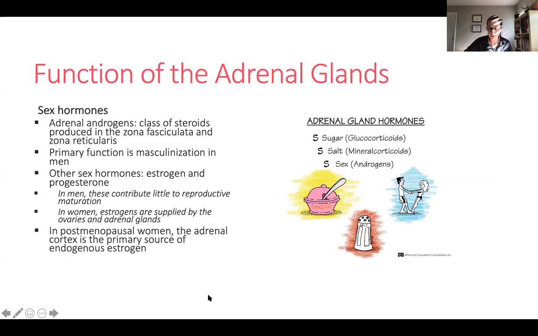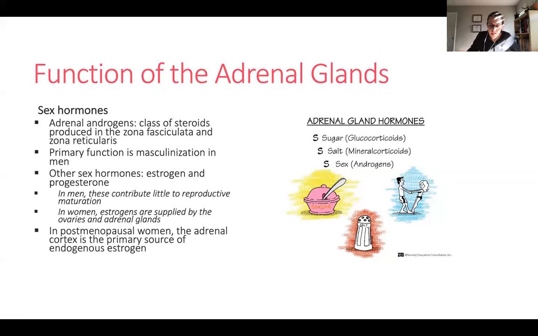So then the adrenal glands, here is a little graphic to help you remember the hormones that are secreted by those. So the SSS: sugar is the glucocorticoids, salt is the mineralocorticoids, and then the sex is the androgens.